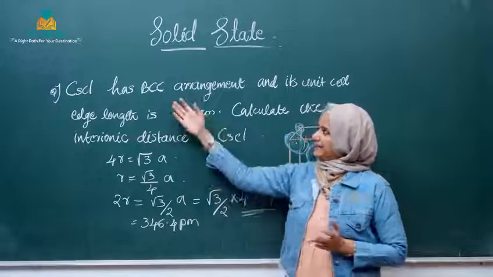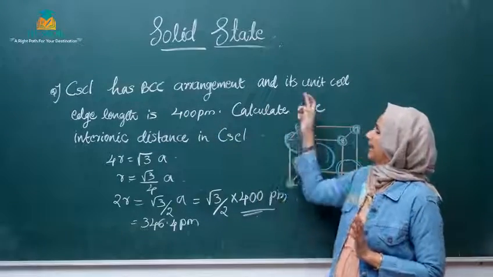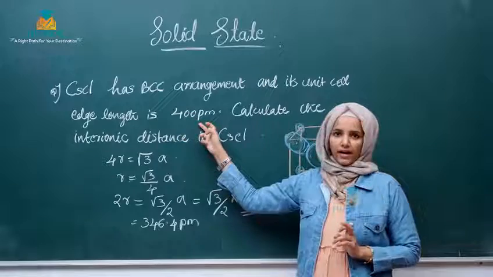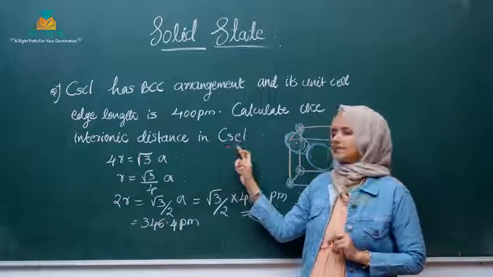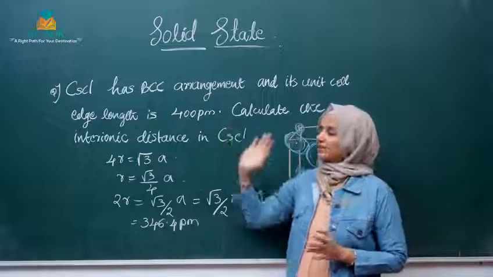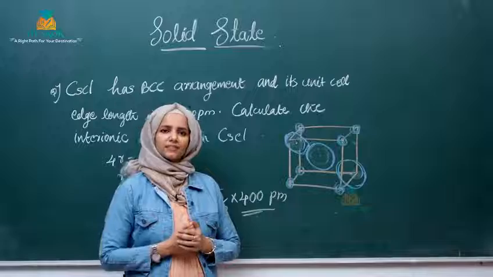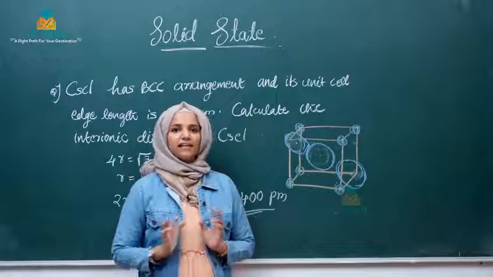In this problem, cesium chloride has a BCC arrangement and its unit cell edge length is 400 picometer. Calculate the interionic distance in cesium chloride. They already give that cesium chloride is in BCC structure, which means particles are at the corners and body center.